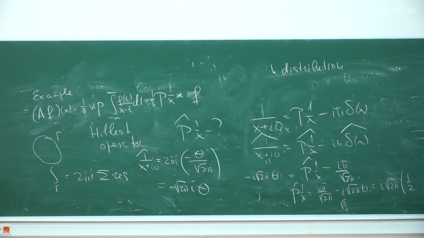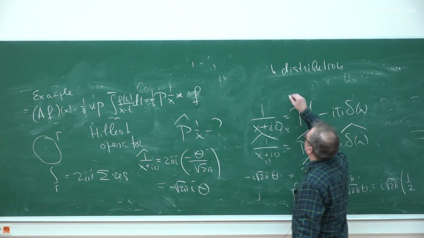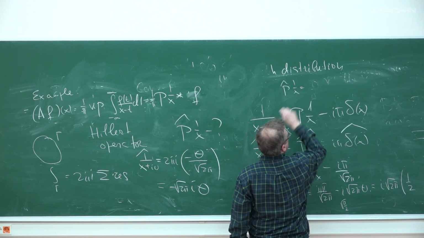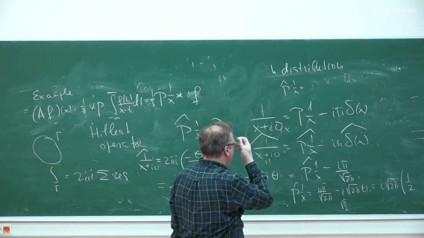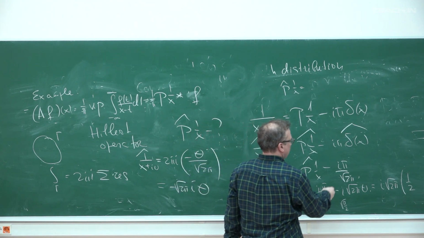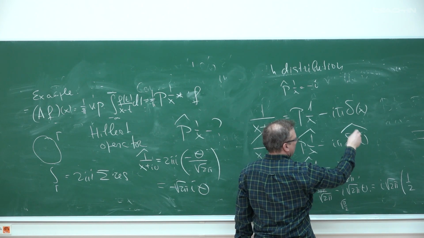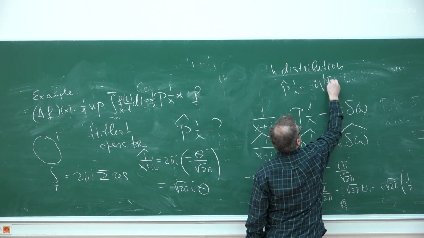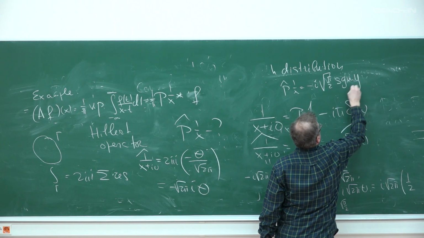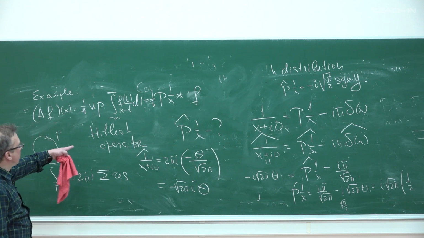Minus signum y divided by 2. Yes? So we obtain that this equals what? To this. So what is the spectrum of the Hilbert operator?